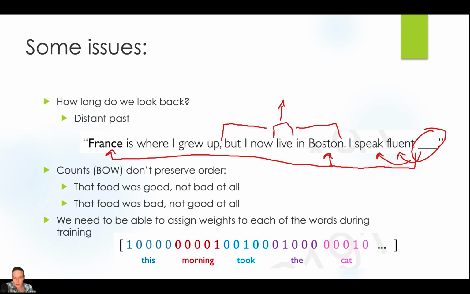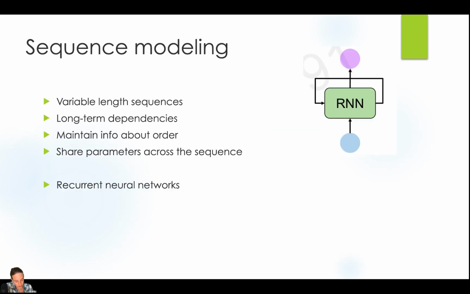But if we're actually going to do word prediction, we are not in a normal fully connected neural network. We don't look back. So we need a special type of model that allows us to assign weights to how far we look back. And this is what we call recurrent neural networks.